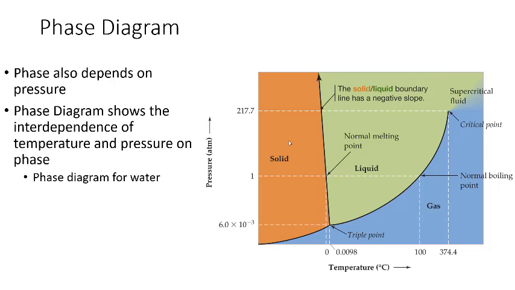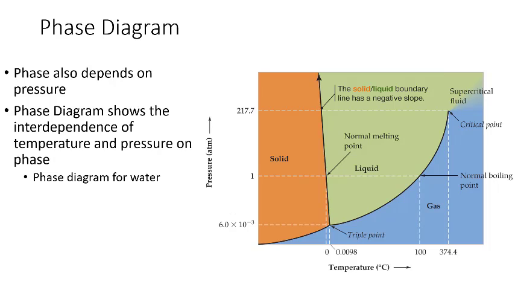So we can indicate the dependence on the individual phases of matter for a specific material by looking at a phase diagram. So phase diagrams show the temperature of a material on the x-axis, and the y-axis is the pressure that that material is being held in.